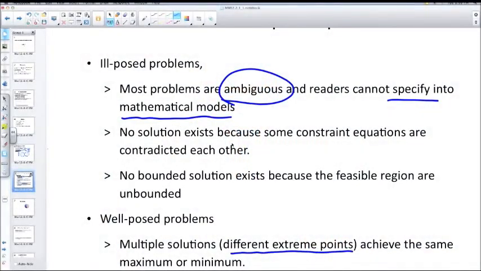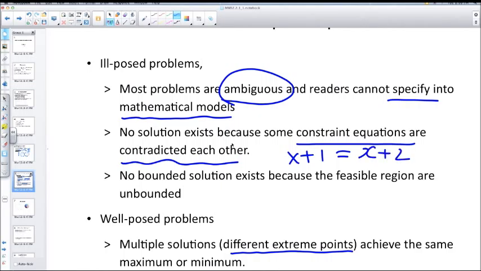And the second, you might have specified the problem very well, but the constraint equations contradict each other and lead to a situation like x plus 1 equals x plus 2. Of course, that's a contradiction itself.